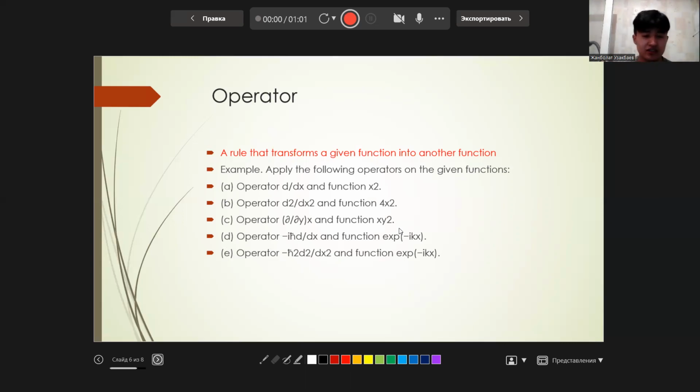Third, operator d over dy times x and function xy square. Fourth, operator i h bar times d over dx and function exponential minus i kx. Fifth, operator h bar square times d square over dx square and function exponential minus kx.